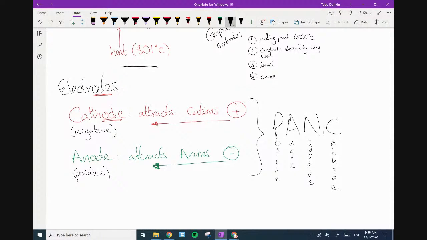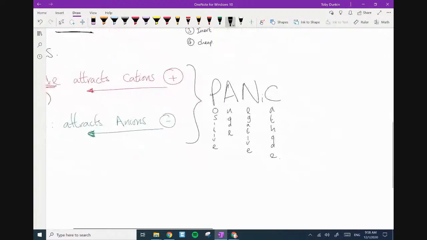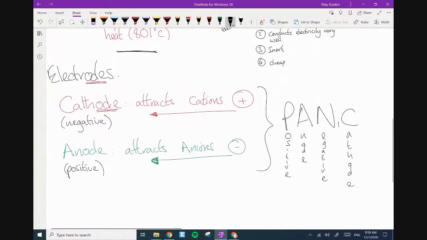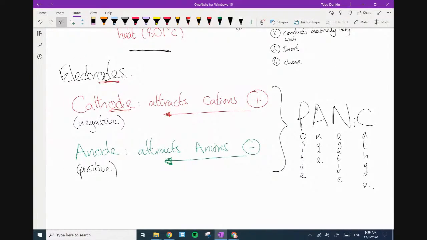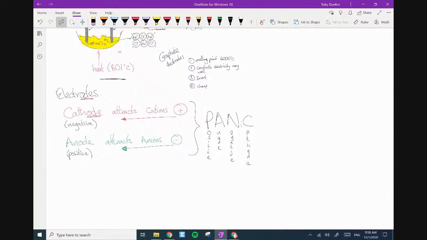I really like panic as a method of remembering it. It just always worked for me. Positive anode, negative cathode. Panic. I genuinely can't stress how useful it is. Super handy. I'm going to put that into a yellow spangly box and say, learn this.